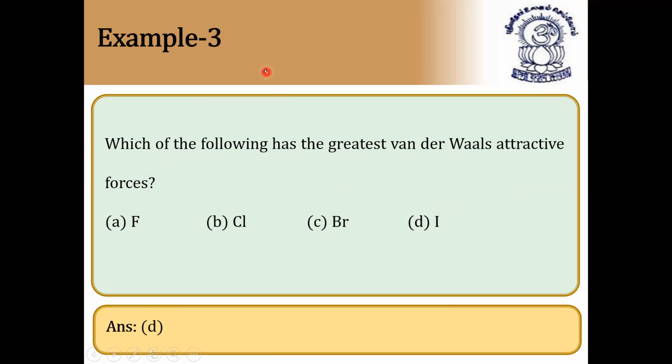You know the bond dissociation enthalpy for this group element is chlorine greater than bromine greater than fluorine greater than iodine. So greatest van der Waals force means iodine only. I hope it is clear, because it is a weak force.